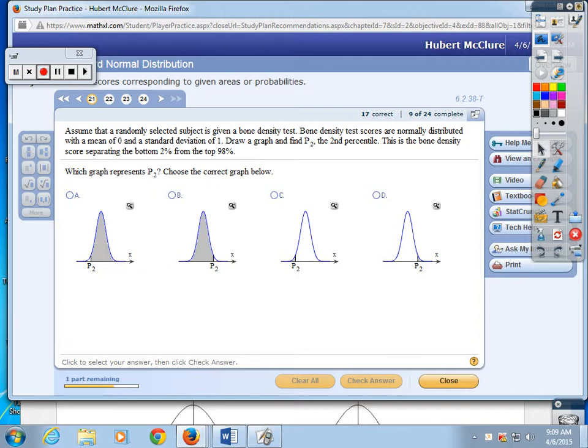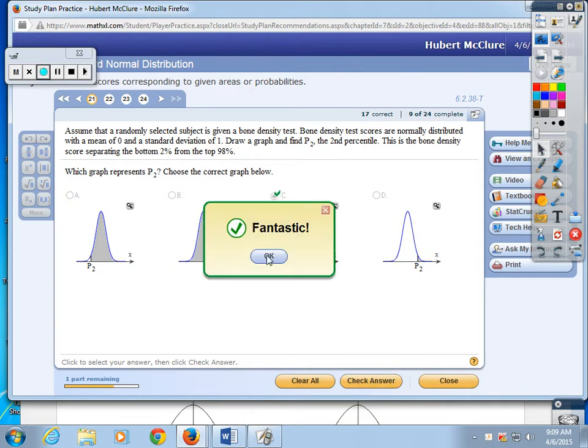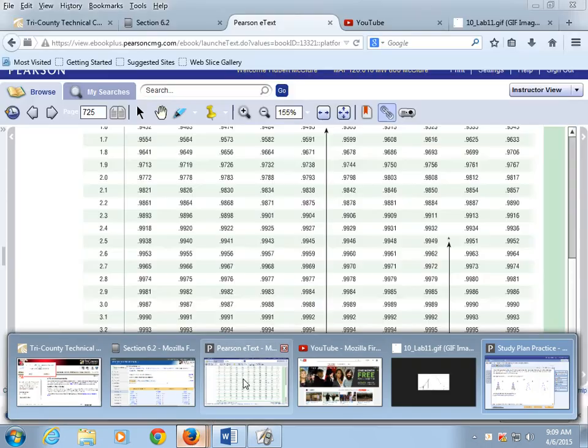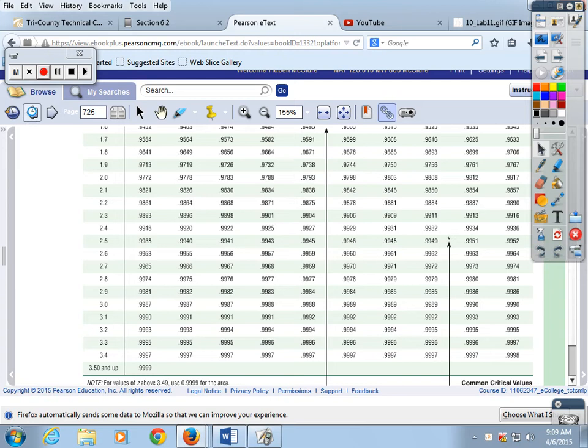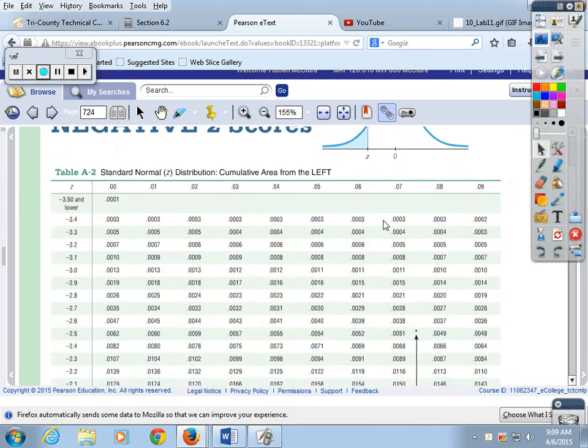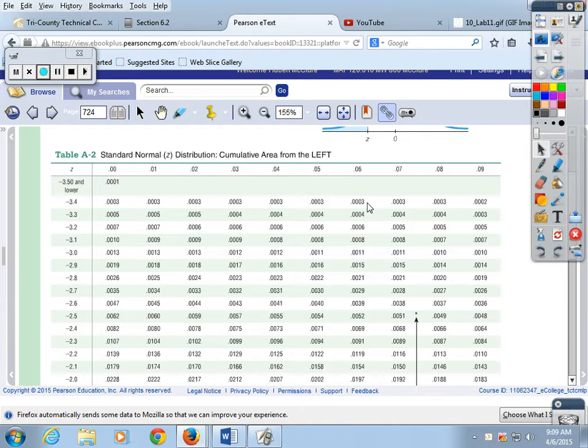I would say it's probably C. The bottom 2% from the top 98%, so you got to find 0.0200. You go to your handy dandy z-score table, and it's going to be a left, negative z-score.